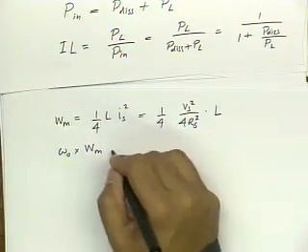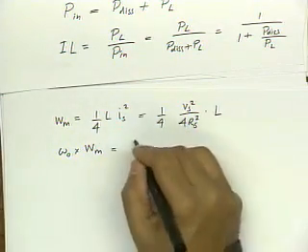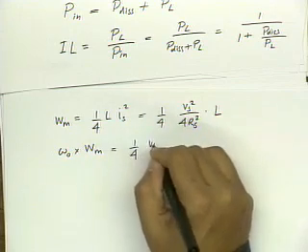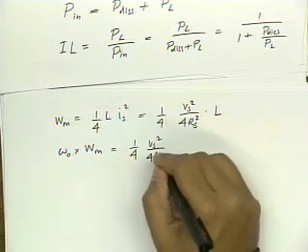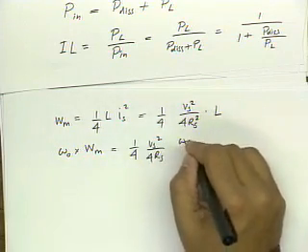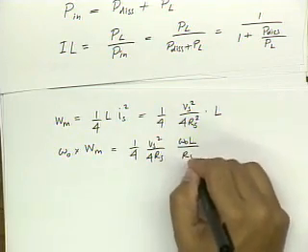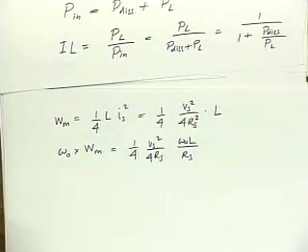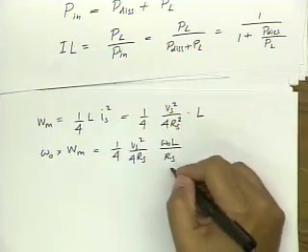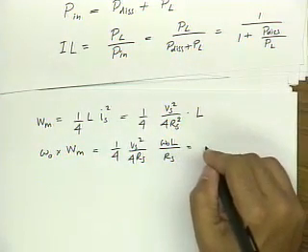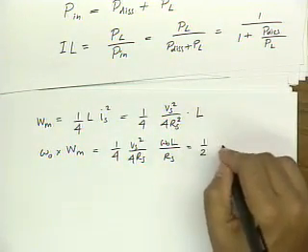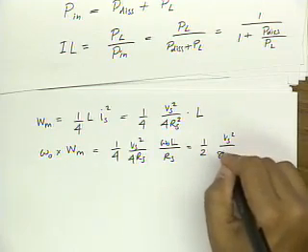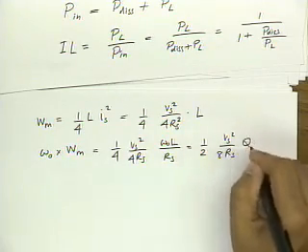And if I look at omega naught times omega m, I have 1/4 Vs squared over 4Rs squared, omega naught L over Rs. Well, omega naught L over Rs is just Q, so I can write this as 1/2 Vs squared over 8Rs times Q.